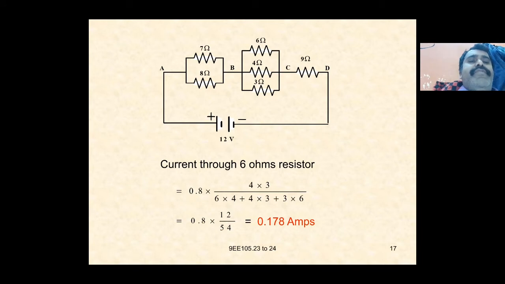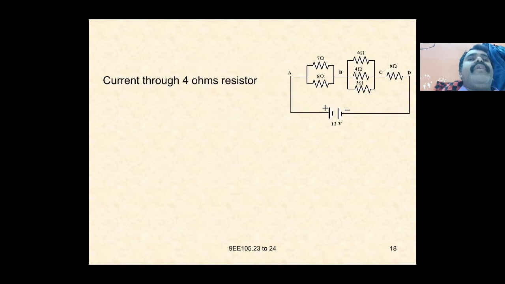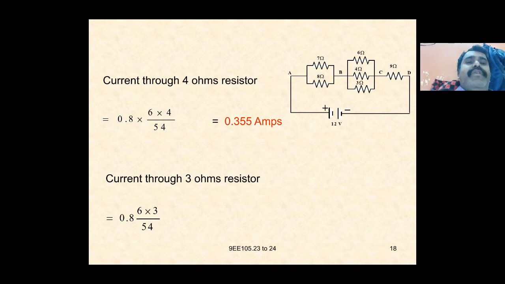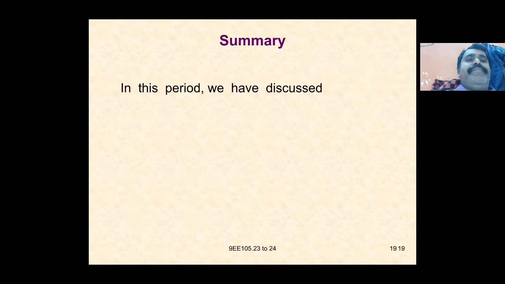Current through the 6 ohms resistor is 0.8 into 12 by 54, which is equal to 0.178 amperes. Current through 4 ohms resistor is 0.8 into 6 into 3 divided by 54, which is equal to 0.355 amperes. Current through 3 ohms resistor is equal to 0.8 into 6 into 4 by 54, which is equal to 0.267 amperes.